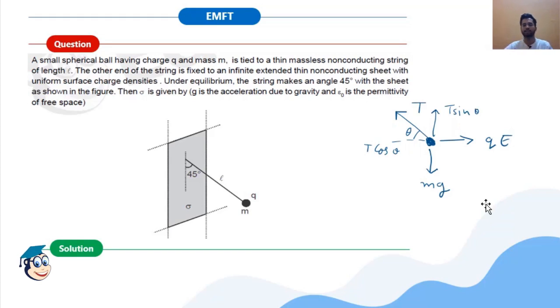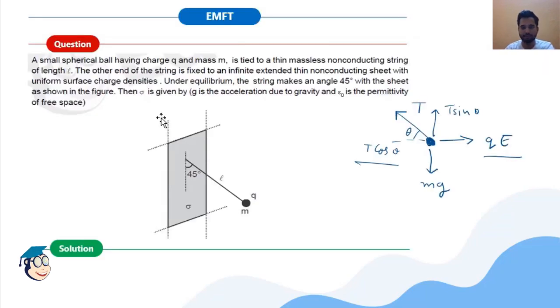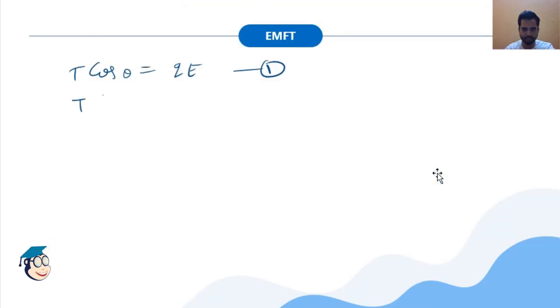In the question it is given that the mass m remains stationary, as it is in equilibrium. You can equate the forces in x and y direction. For the x direction, T cos theta must be equal to qE. Let's say this is equation 1. For the y direction, T sin theta must be equal to mg.